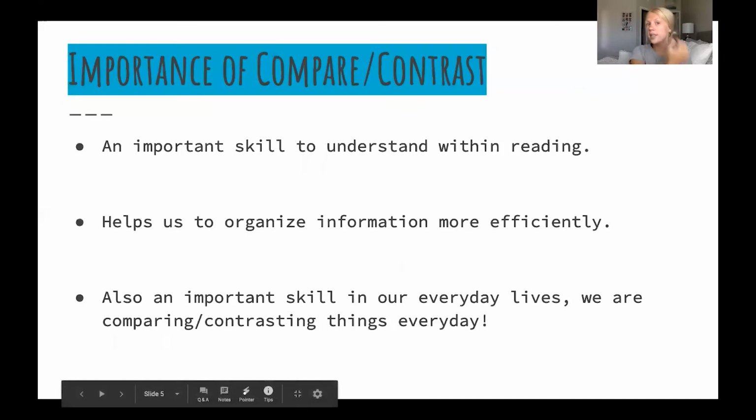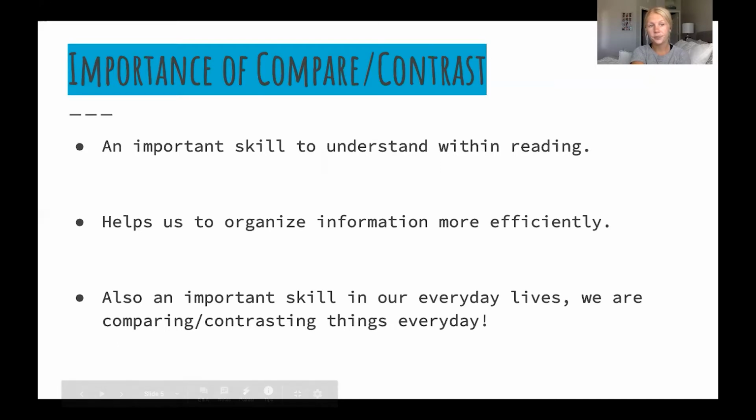So what is the importance of compare and contrast? Compare and contrast is an important skill to understand within reading. It helps us to organize information more efficiently. Through being able to understand the text structure of compare and contrast, we as readers are able to organize our information in a more successful way, in a way that makes more sense for us, because we could take the information and group it into similarities and group it into differences.